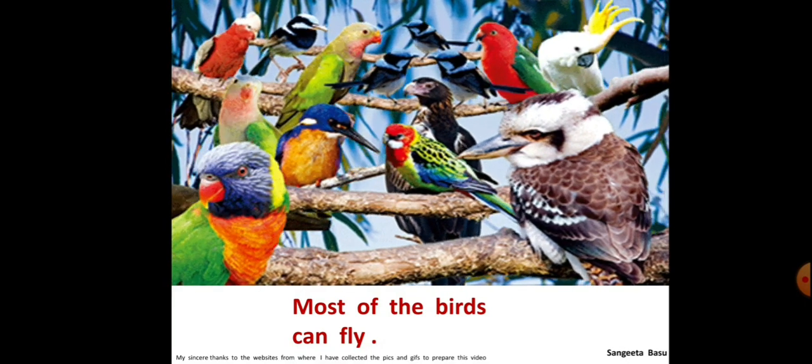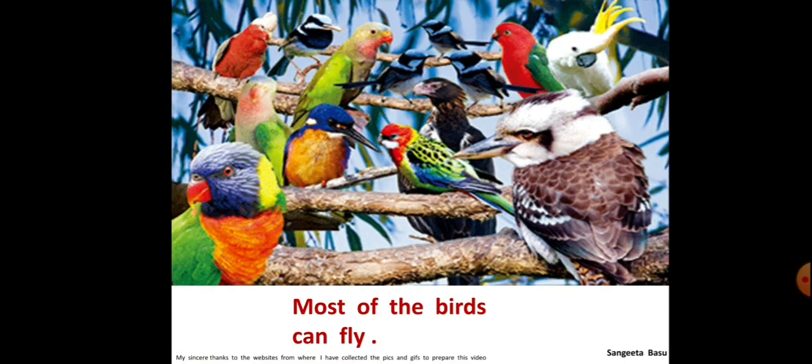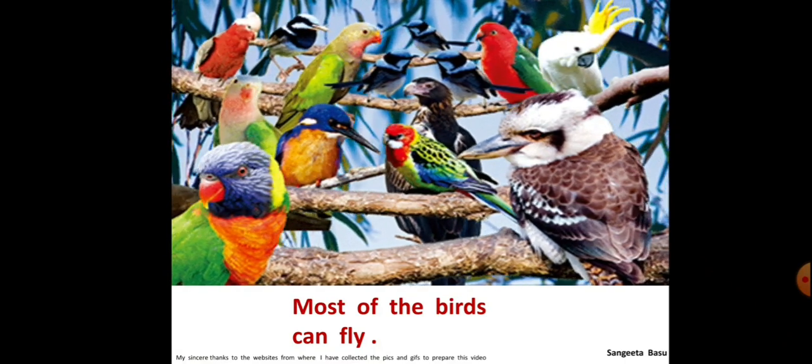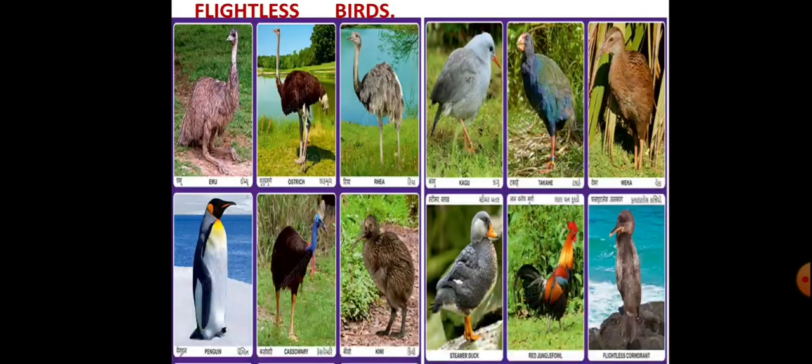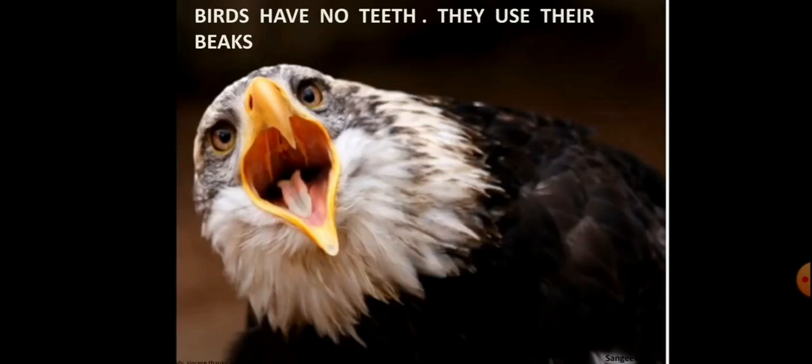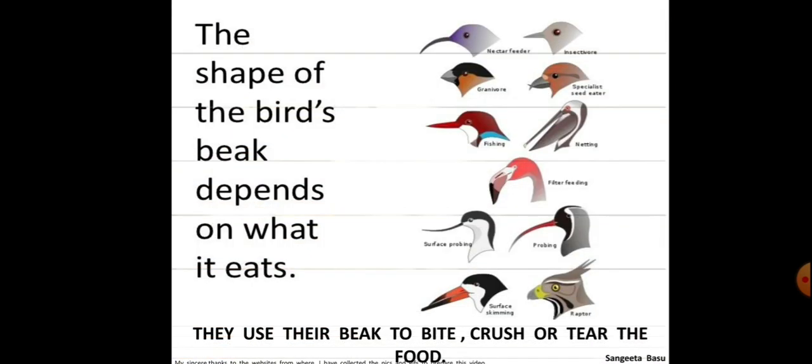We have learned that most of the birds can fly, but there are also some flightless birds. Their names were discussed in part 1. We also saw that birds have no teeth. They use their beaks. The shape of the bird's beak depends on what it eats.